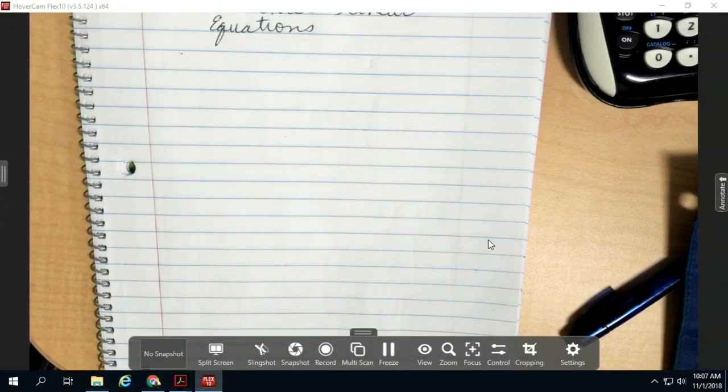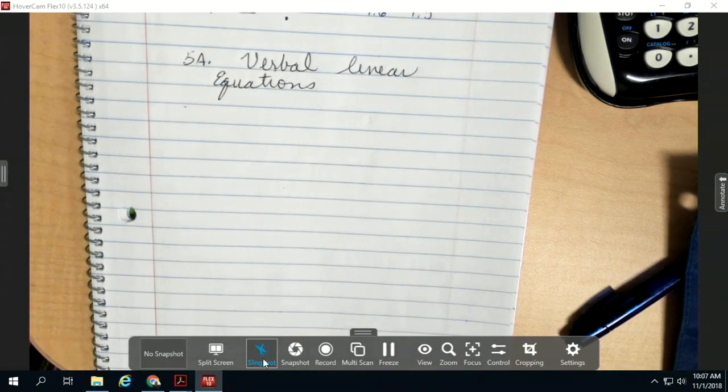Okay, so we're talking about tuition, and we're going from verbal into linear equations. Question number 2. Cisco Junior College states on its website that tuition is $90 per credit hour for an in-county resident.